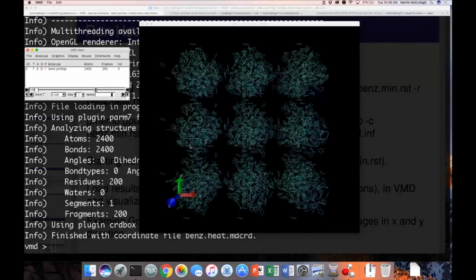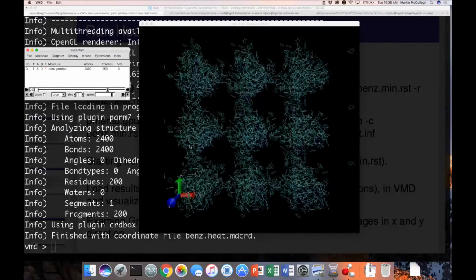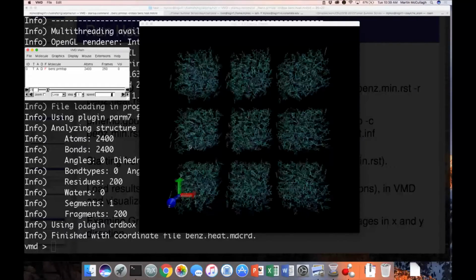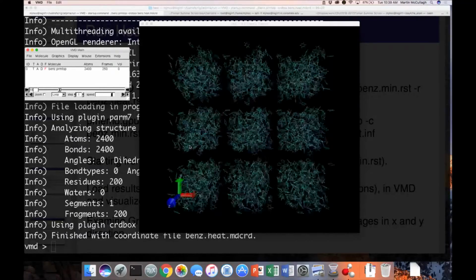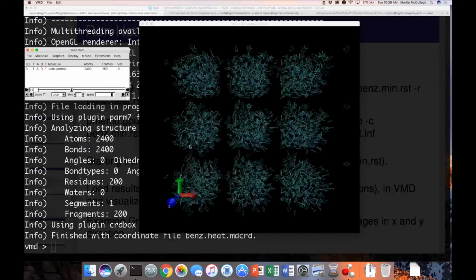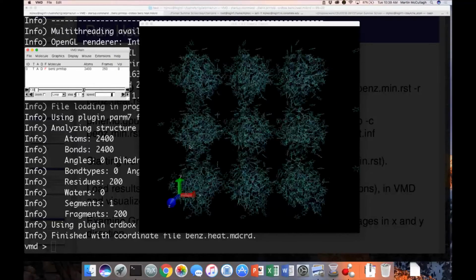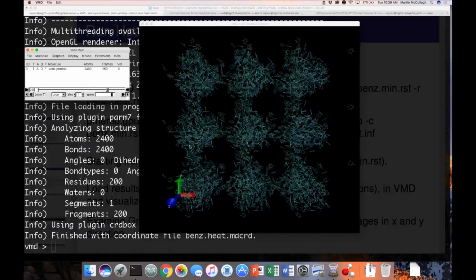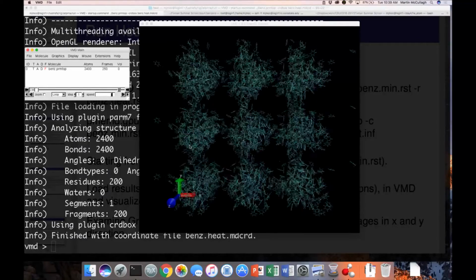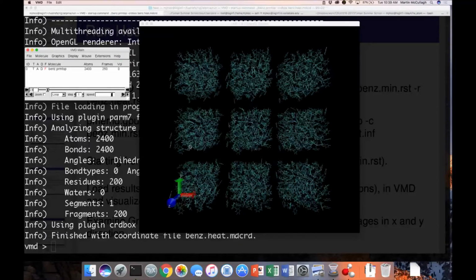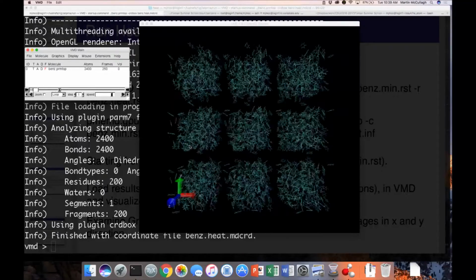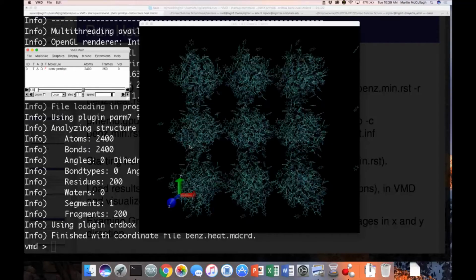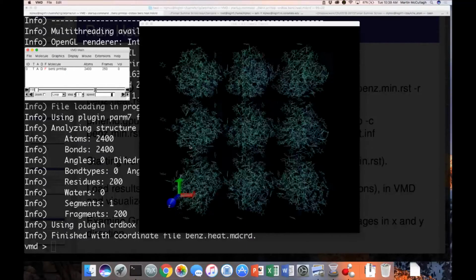These are all replicas of the main simulation box, and I made VMD show it in the X and Y directions, but it's in the Z direction too. It's replicated effectively infinitely in every direction. And this is how we approximate an infinite system in the molecular dynamics simulation.